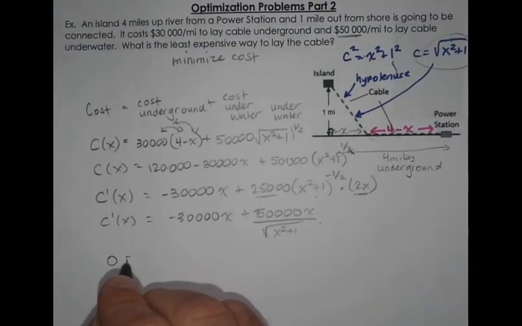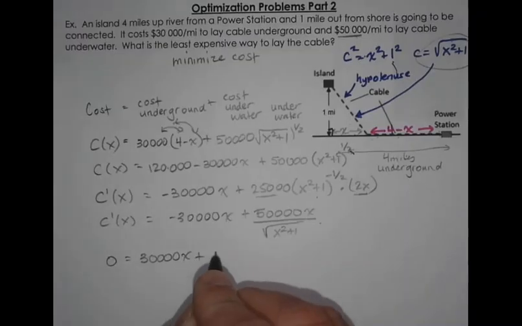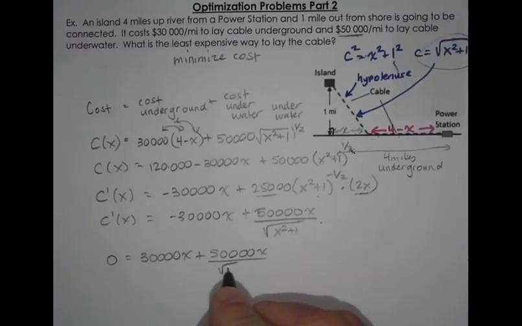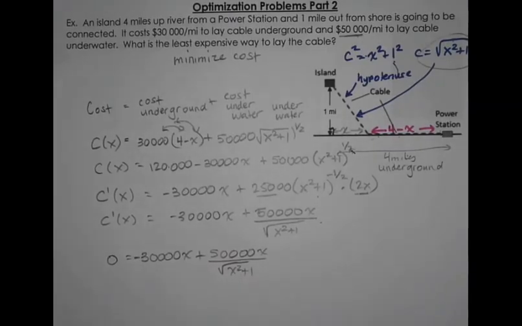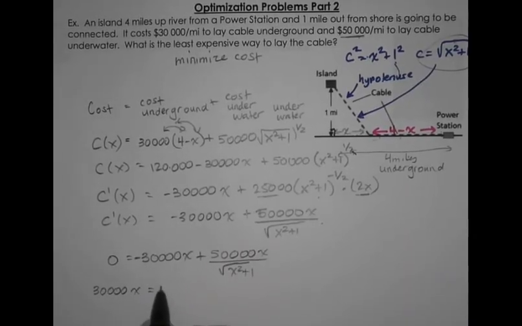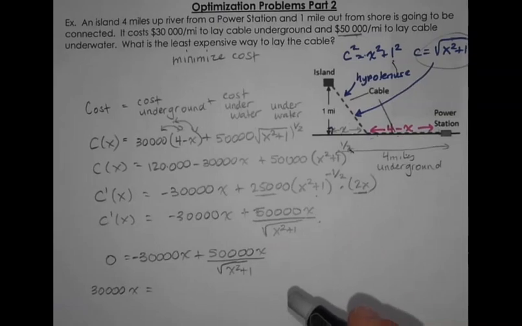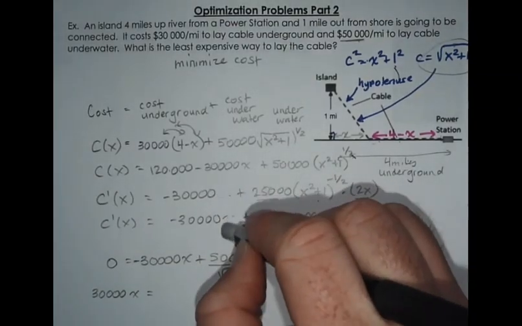So 0 equals negative 30,000 plus that. Bring over the 30,000, so that becomes positive 30,000. Sorry, I made a mistake. When I do the derivative, that x is gone, my fault.